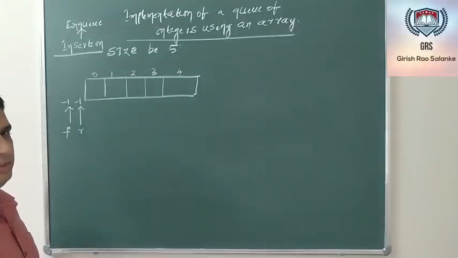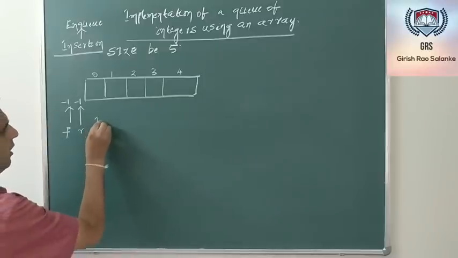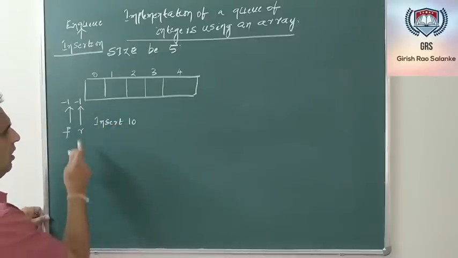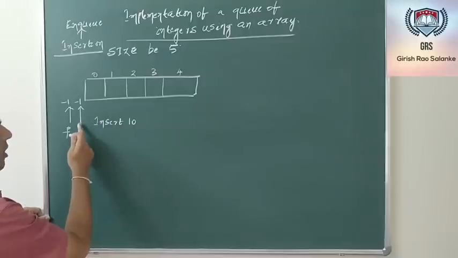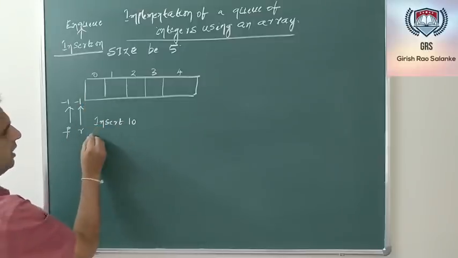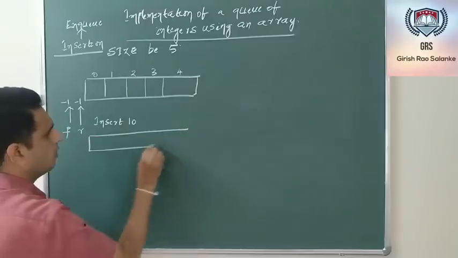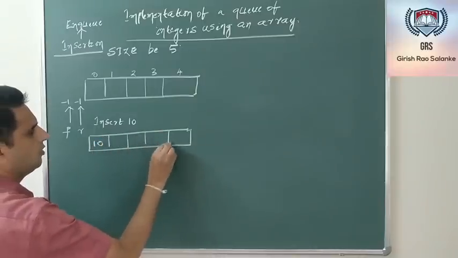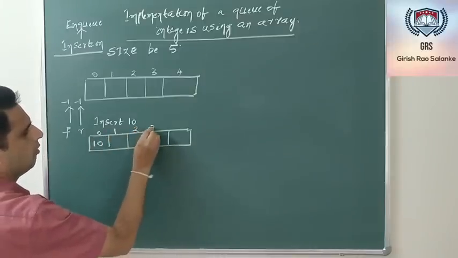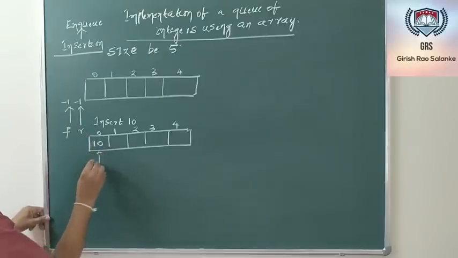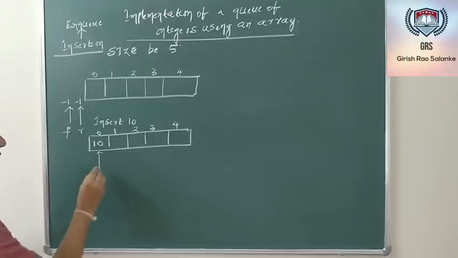So, say for example, if I want to insert 10 onto this queue, I need to increment my rear end and assign the item at this position. After performing the insertion operation, my queue looks something like this, wherein R is now pointing to 0 and 10 is inserted.